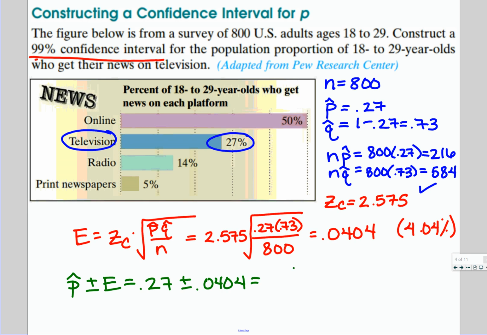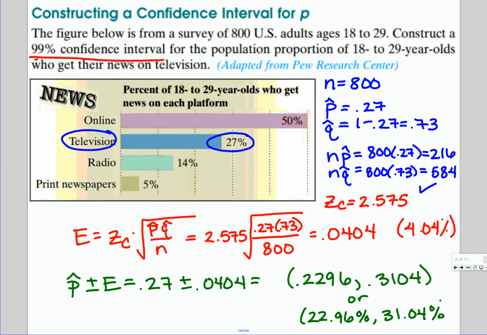So I'm going to get a confidence interval of 0.2296 and 0.3104, or again, you can write it with percentages. Like that.